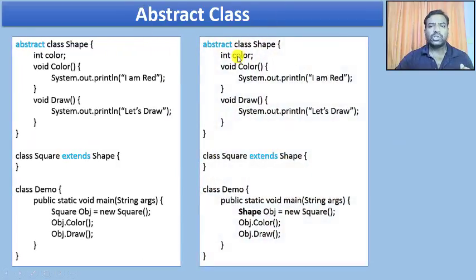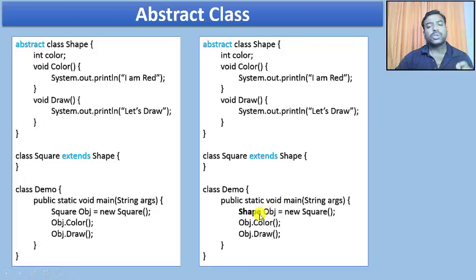Now I'm going to have an abstract class Shape with the same methods, and extending. Just look at this particular statement here, what difference I'm creating.